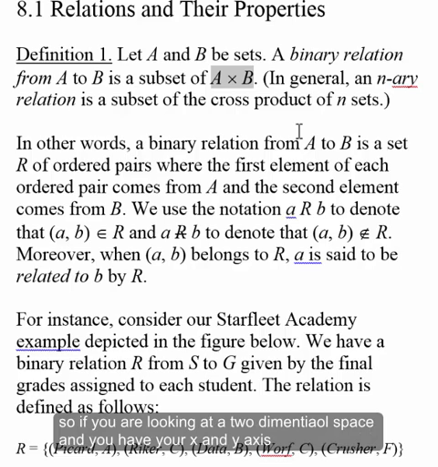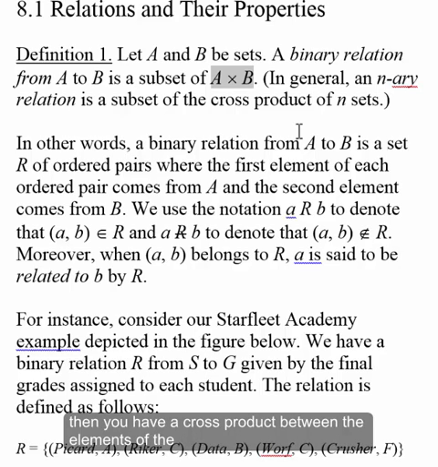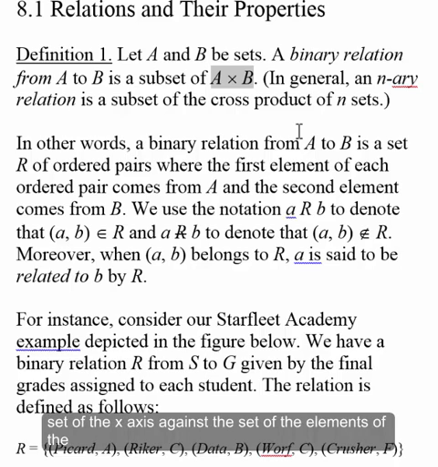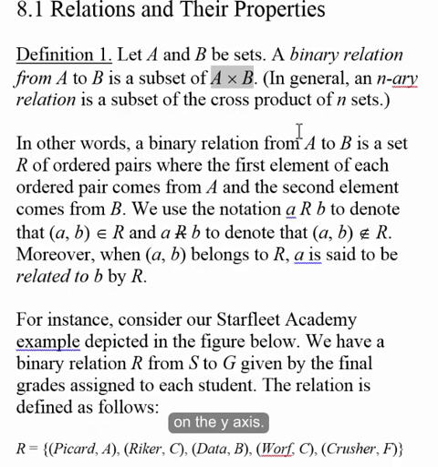So if you're looking at a two-dimensional space with your x and y axis, then you have a cross product between the set of the elements of the x-axis against the set of the elements on the y-axis.